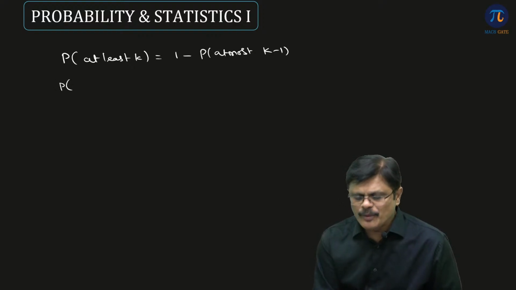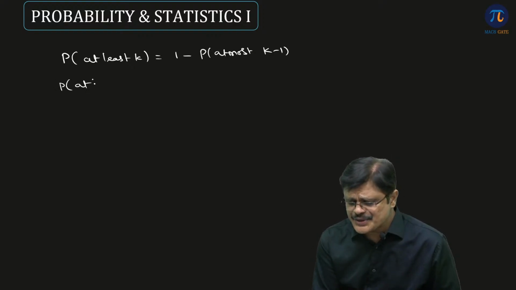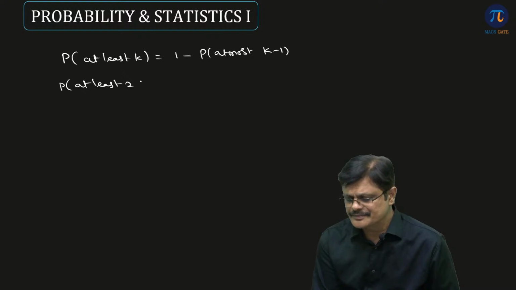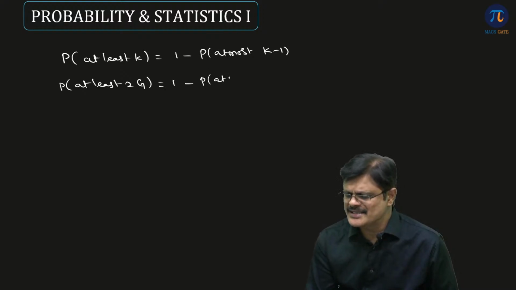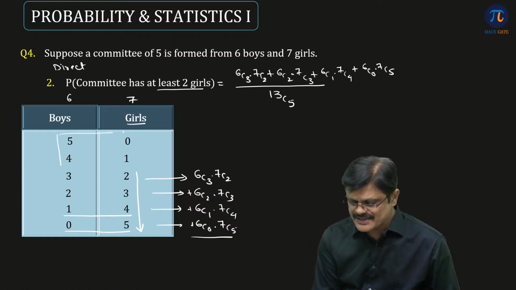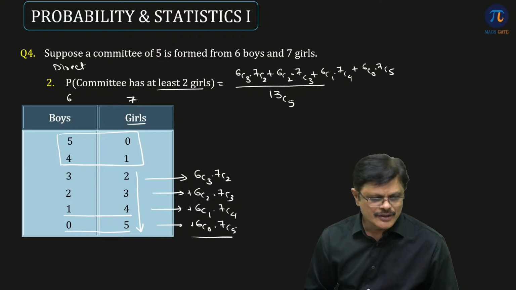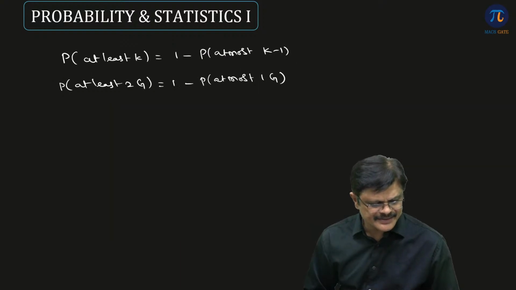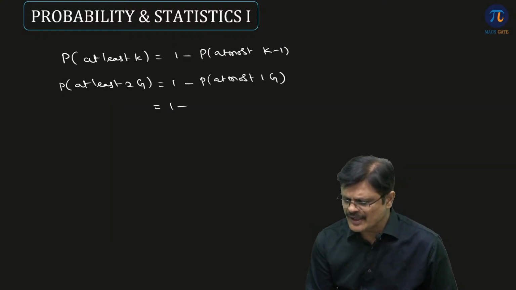So what is the probability that the committee has at least 2 girls? That is nothing but 1 minus the probability that the committee has at most 2 minus 1, that is, 1 girl. So at most 1 girl means these 2 cases. So what is the answer for this, my dear friends? The answer is 1 minus.